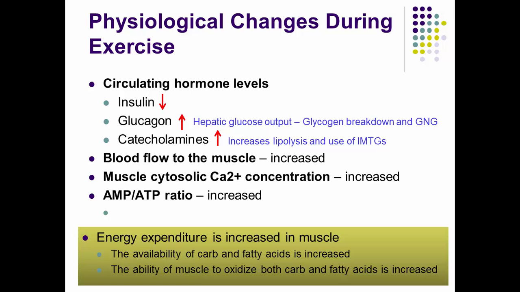Yes? How does exercise stimulate the translocation of GLUT4 transporters so that you can still pick up the glucose without the insulin stimulus? Oh, okay, that's a great question. Remember we talked about the regulation of GLUT4 translocation from inside the cell to the cell surface by two mechanisms, right?